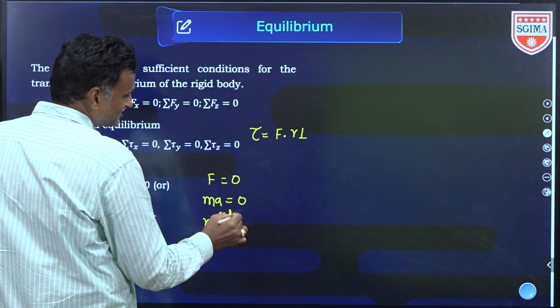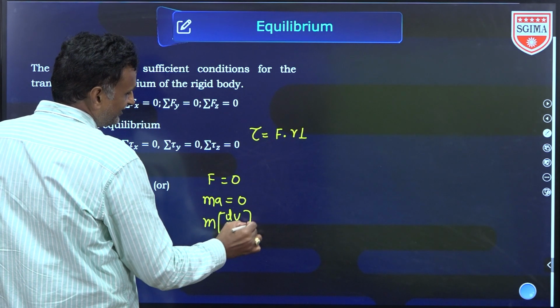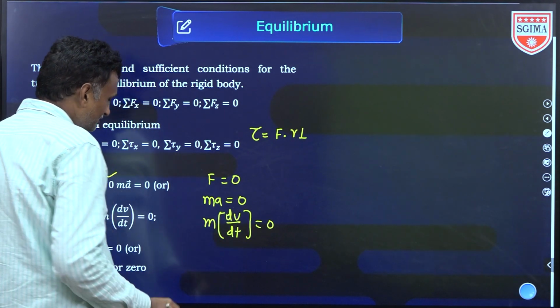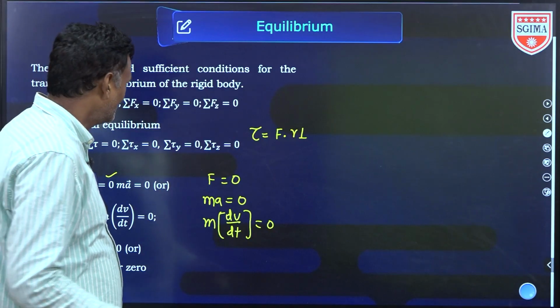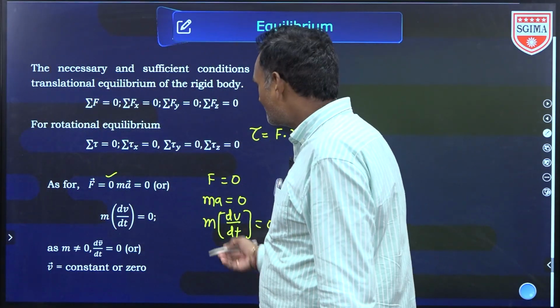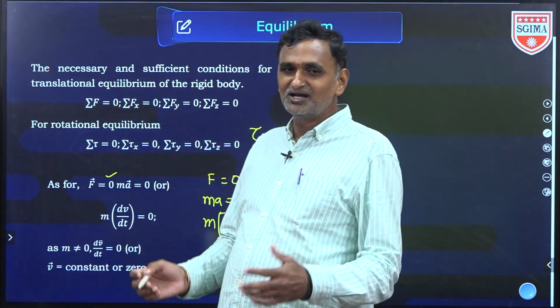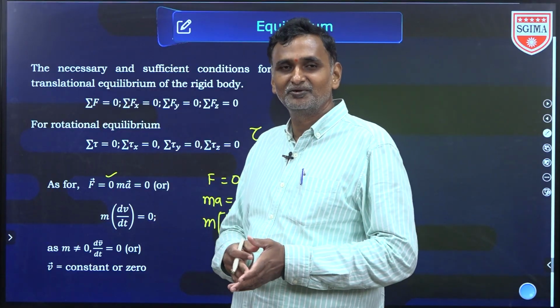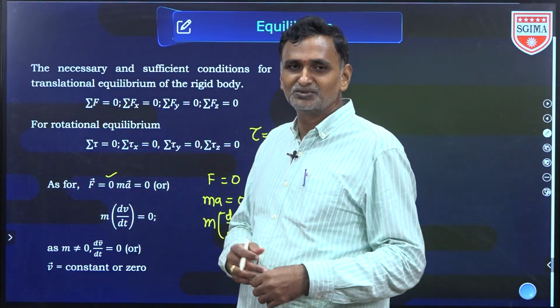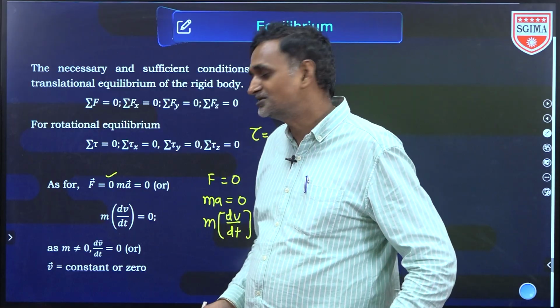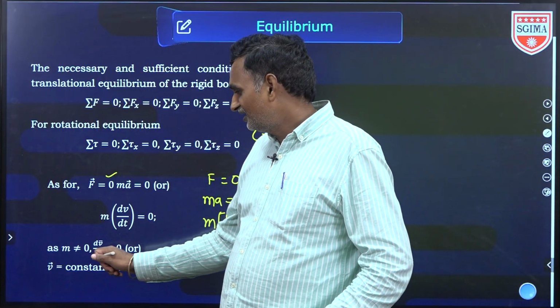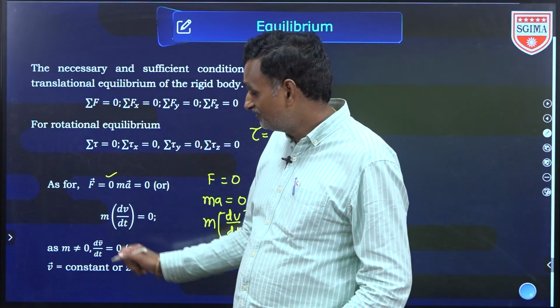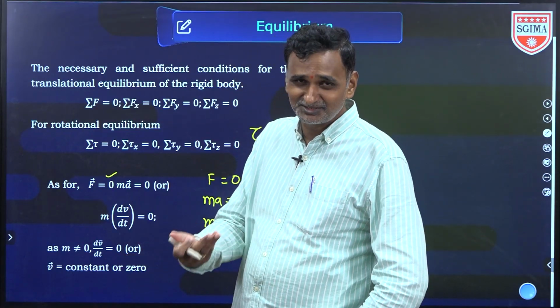Acceleration can be written as dv by dt, so dv by dt equals 0. But here mass does not become 0, because mass will be present for the object. So it won't become 0 according to conservation of mass. So now dv by dt equals 0, which means acceleration equals 0.